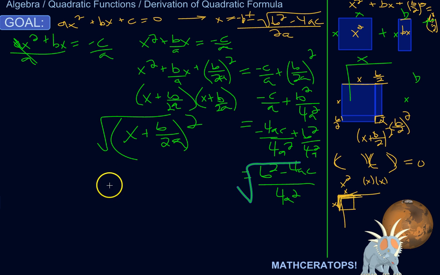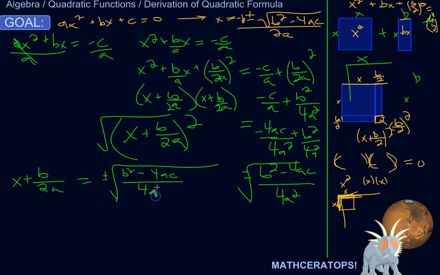So x plus b over 2a is equal to plus or minus the square root of b squared minus 4ac over 4a squared.